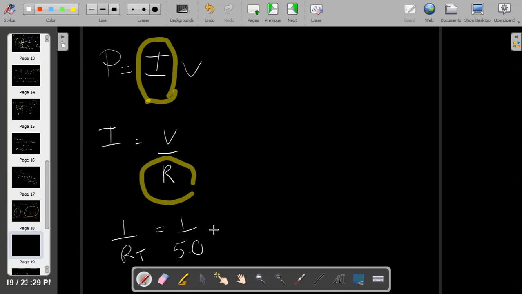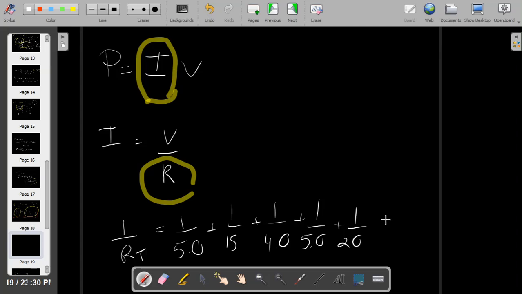5.0 ohms plus 1 divided by 15 ohms plus 1 divided by 4.0 ohms plus 1 divided by 5.0 ohms plus 1 divided by 20 ohms. So put all of these in your calculator.